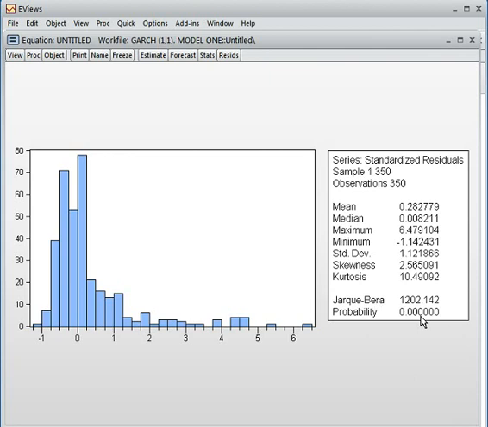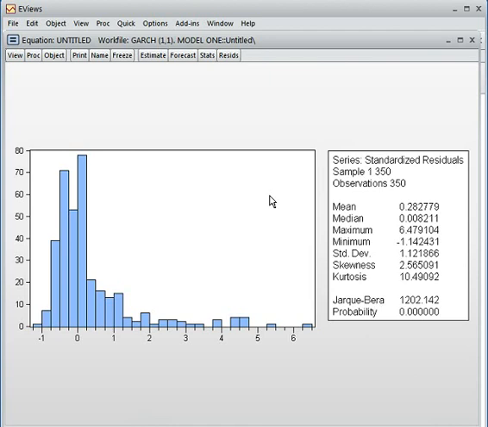So that is not a good sign. So what is the decision of this model? There is no serial correlation, that is a good sign. There is no ARCH effect, that is a good sign. But the residuals are not normal, that is a bad sign.